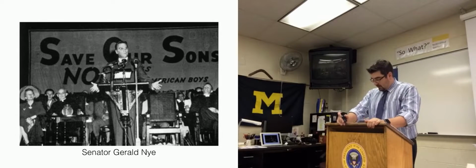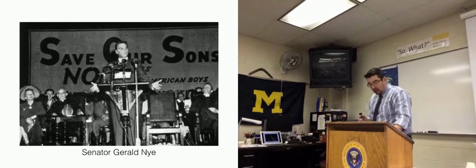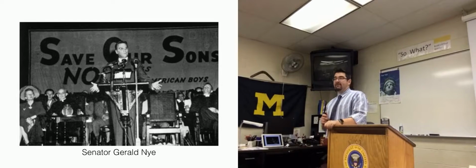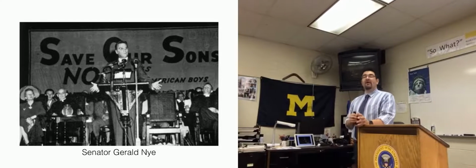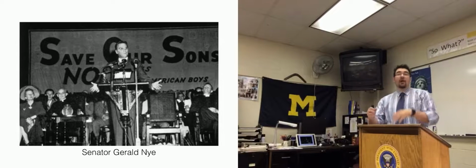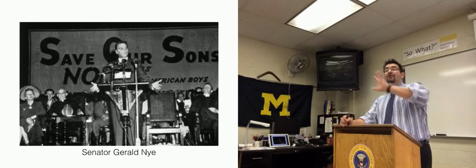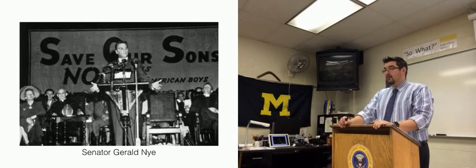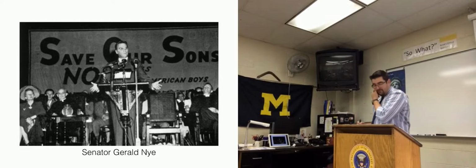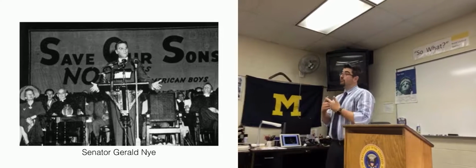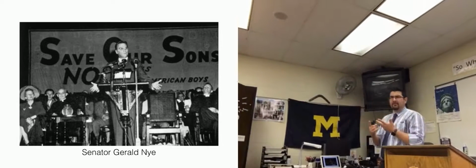Further, the Nye Committee looked into American corporate profits during World War I and found that a number of American corporations had made similar loans to England and extended credit to England. Your reading mentioned J.P. Morgan, a big banking industry, and DuPont Chemicals. You've still heard of them. They're still around today.